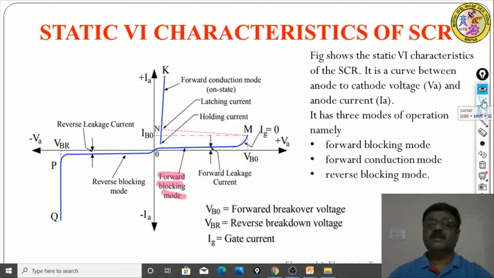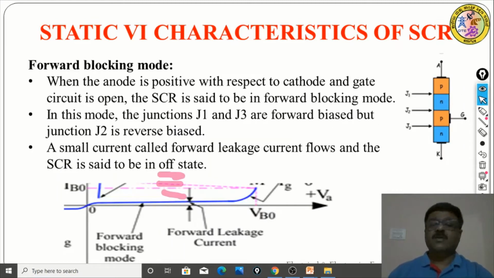Now let us see in detail. In the forward blocking mode, as I told, the anode terminal is positive with respect to the cathode, and the gate circuit is open. This is very important: the gate circuit is open, and the SCR is said to be in forward blocking mode. Here the SCR will conduct a small current.